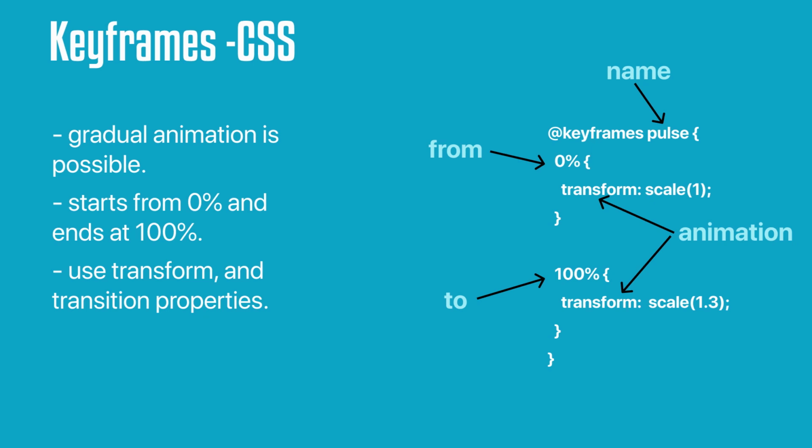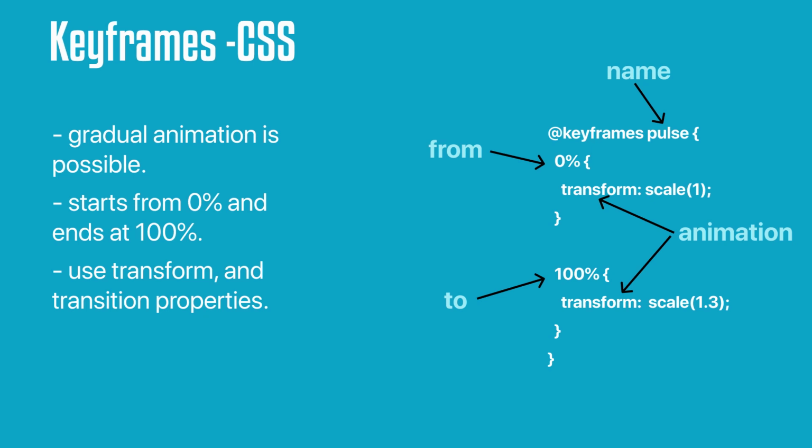So let's look at how the syntax is. You always start with the at symbol, keyframes, followed by the name of the animation, and in curly braces you list down the stages like 0%, then you set the animation, what is the scale or position, opacity, and so on.